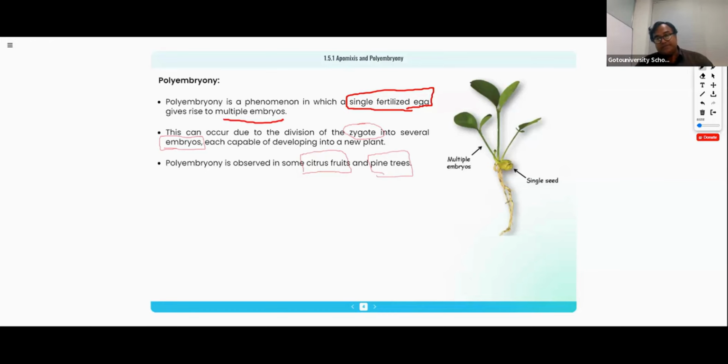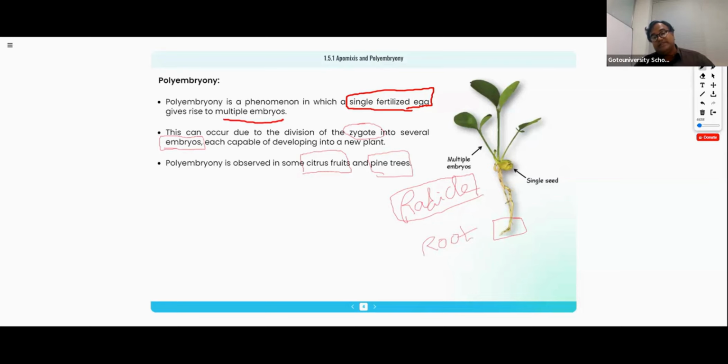You know very well the root is formed from the radicle. We already told you the radicle has many mother cells which make the root, and this radicle arises from the embryo.